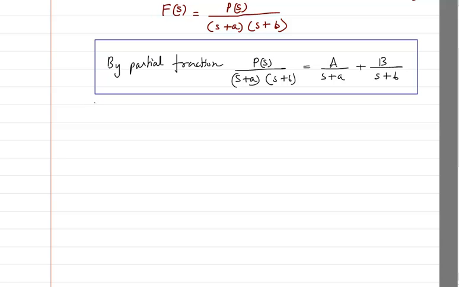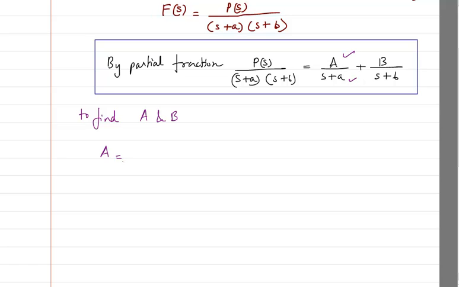Okay, so how do we find A and B? I will write that in a different color. What is the technique? A is given by multiplying. Now see here, for A the denominator is s plus a.